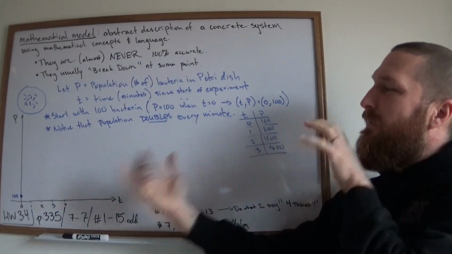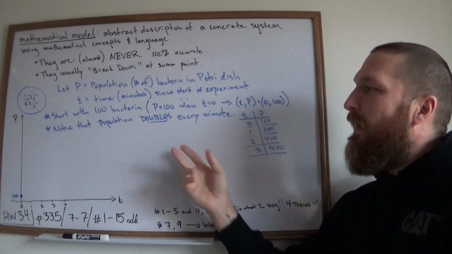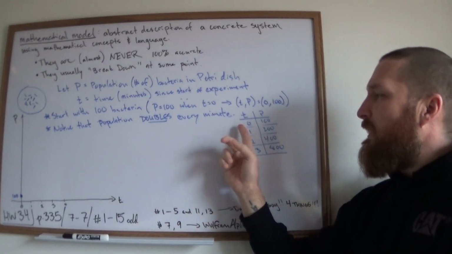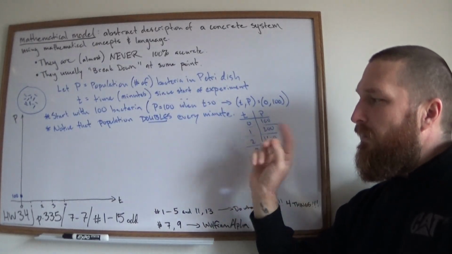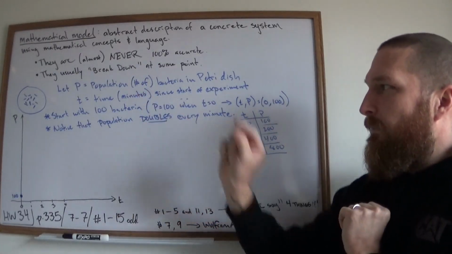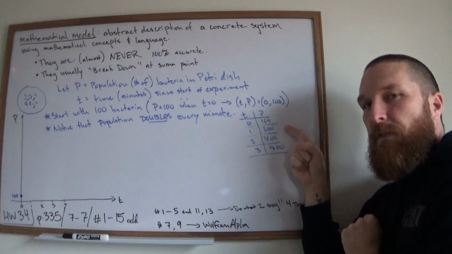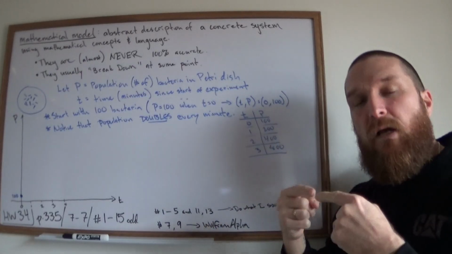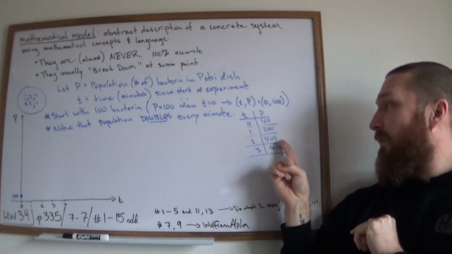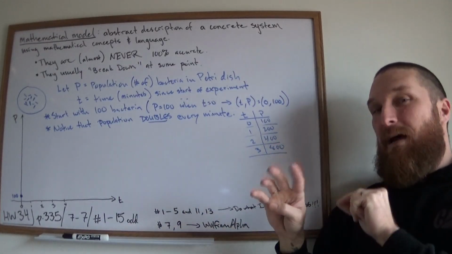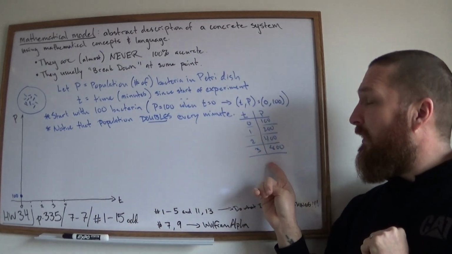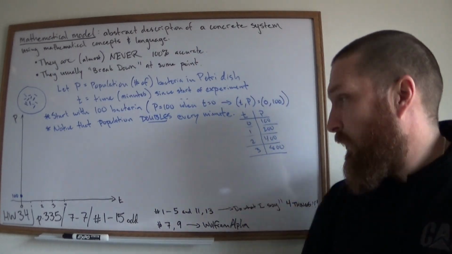But there is some time when the population doubles, right? And that's what we're noticing here, is that every minute that we check, after 1 minute, we take a picture, have a computer count the number of bacteria that are in the petri dish, and we find it's about 200. Okay, another minute goes by, and now those 200 have doubled, and now we have 400. More time goes by, and it doubles from 400, and now we have 800. And so let's plot these points real quick.